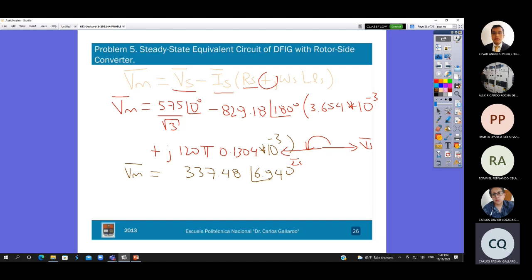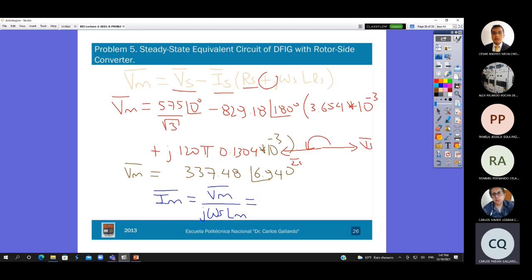In order to compute the magnetizing current, I will apply once again Kirchhoff voltage law. We have already derived this equation in the previous class: it is equal to the magnetizing voltage over j times the speed times the magnetizing inductance.